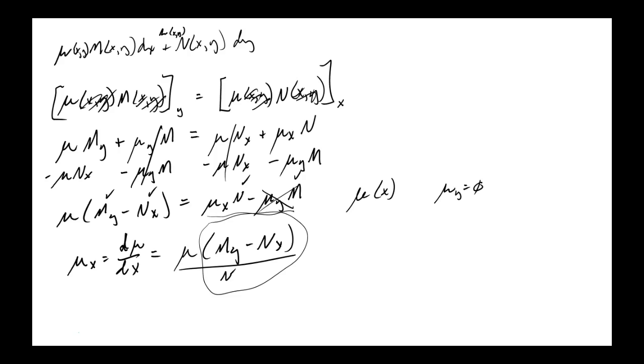If it turns out that you've lost the y dependence, that this is a function of x alone, then you can write this equation down.